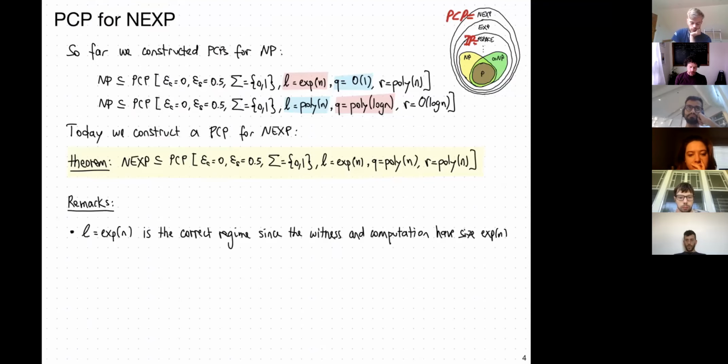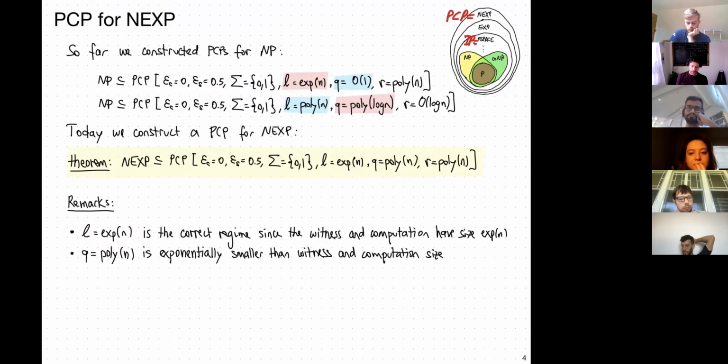Okay, so some remarks are in order. Just to mention, the length of the proof being exponential is in the correct regime, since we are allowed to throw polynomially many random bits, so there exists some choice of coins that would probe anything in this exponential size proof.